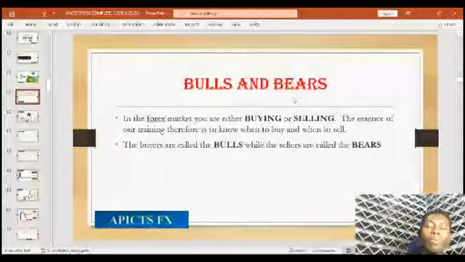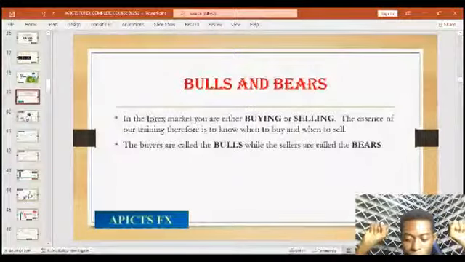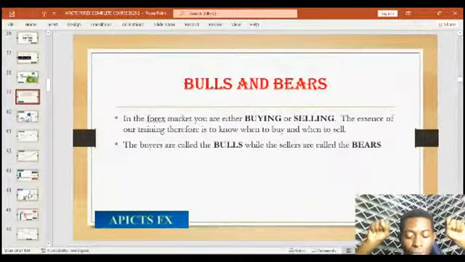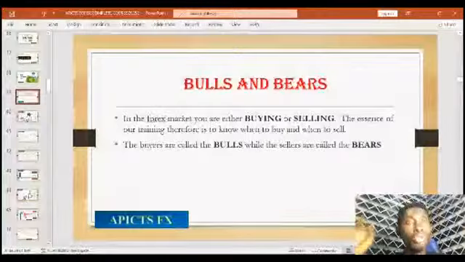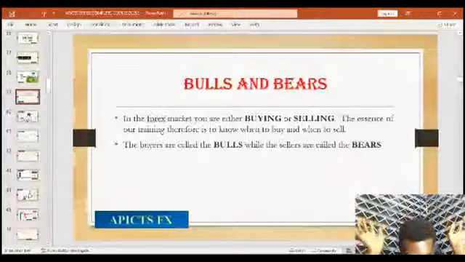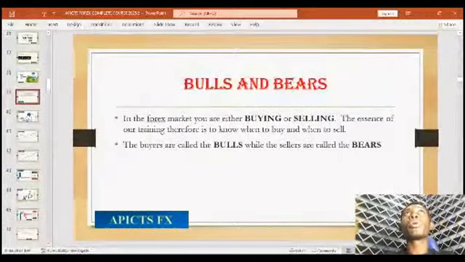The bull is a male cow that has two horns. When the bull wants to fight, it uses the horns to carry its prey from down up, lifting it to the upside.